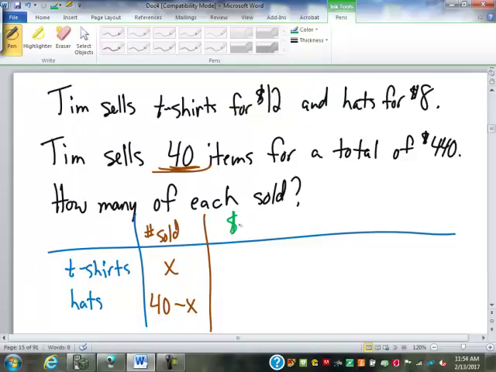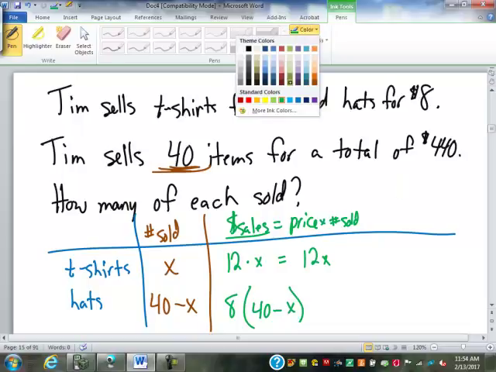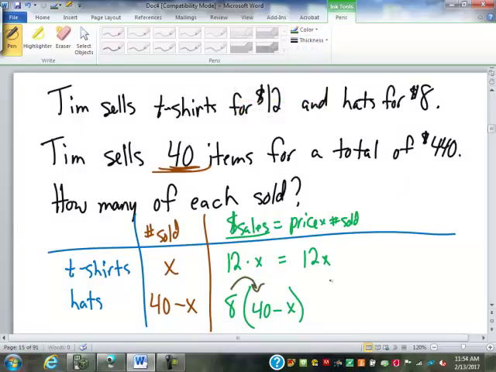So then the dollar amount of sales, again, is price times number sold. So the price for the t-shirts is still 12 times X. That's going to be still 12X. For the hats, they're $8 times 40 minus X. So 8 times 40 gives us 320.